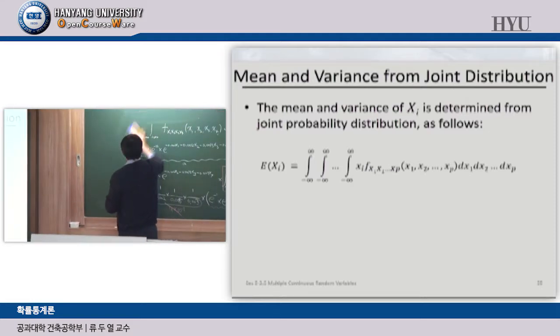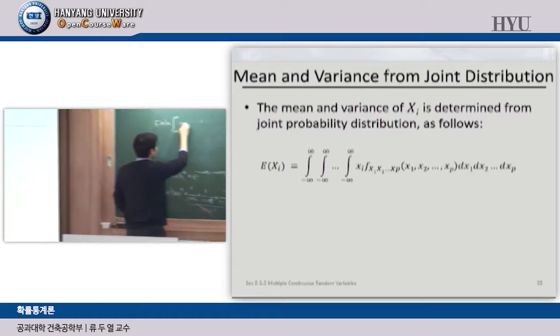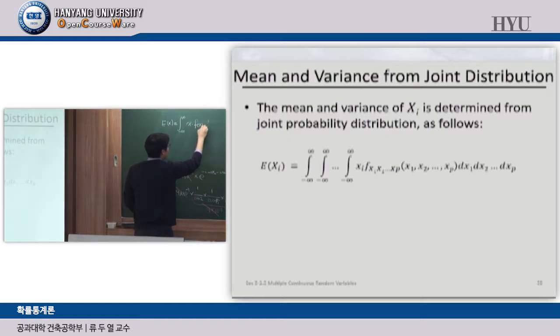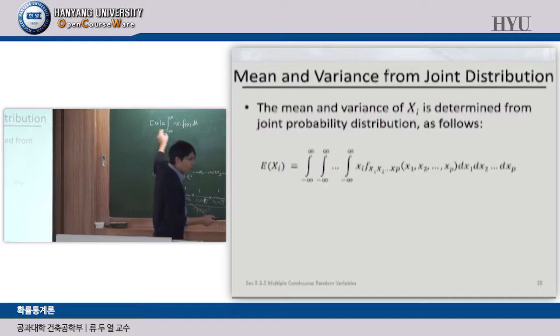And in the case of the previous single random variable, the mean E(x) was the integration from minus infinity to infinity of x by the probability density function, right? Do you remember that? This is exactly the same formulation, but the only difference is that the number of random variables is not one anymore. The multiple random variables are applied.